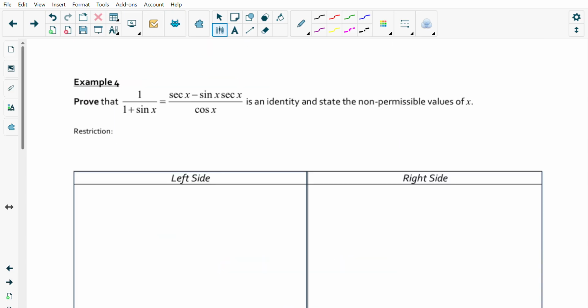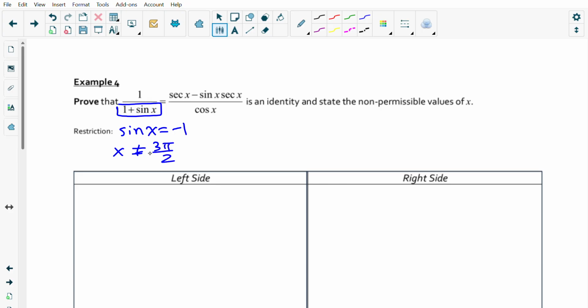Next page. 1 over 1 plus sine of x equals secant of x minus sine of x, secant of x times, or divided by cosine of x. What is my restriction? So this one right here, sine of x cannot equal negative 1. Okay, so where does that occur?